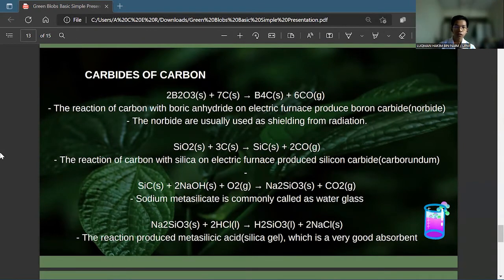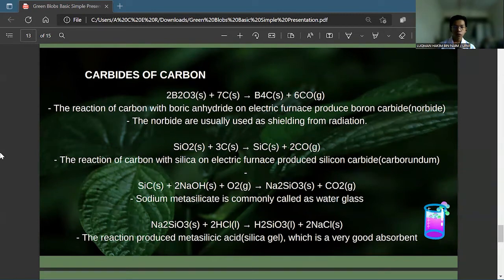For the next one, SiO2 plus 3C becomes SiC plus 2CO. The reaction of carbon with silica in an electric furnace produces silicon carbide, also known as carborundum.